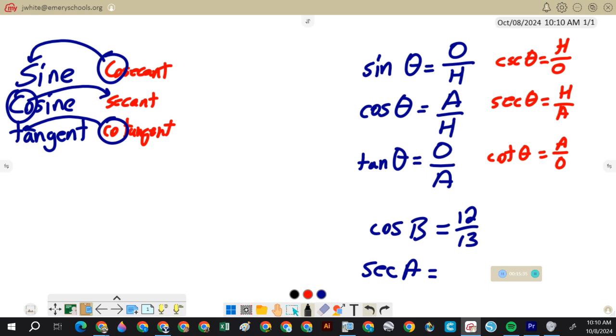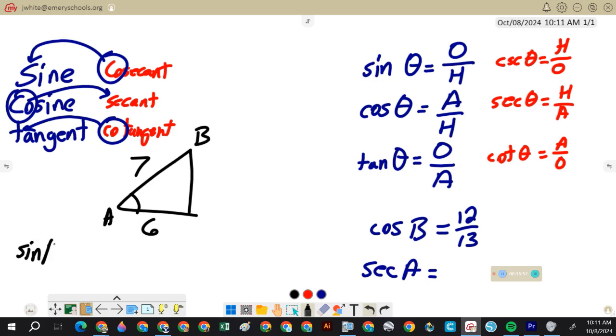All right, what if I have, let's say 6 and 7. And this is A, and this is B. What is the sine of A? So, we need to figure out how big this is.